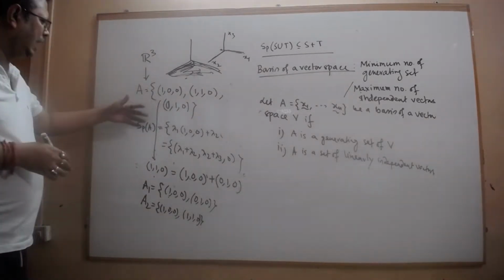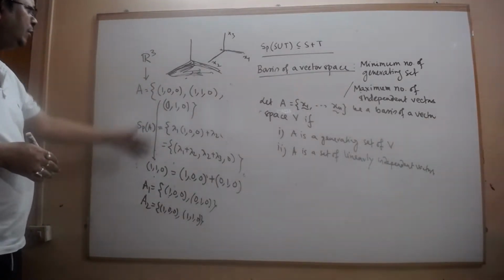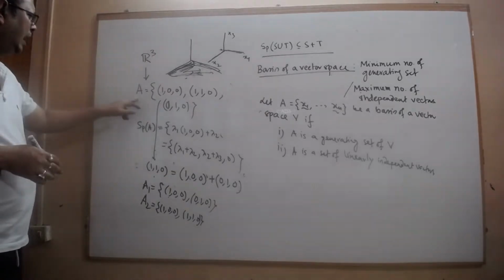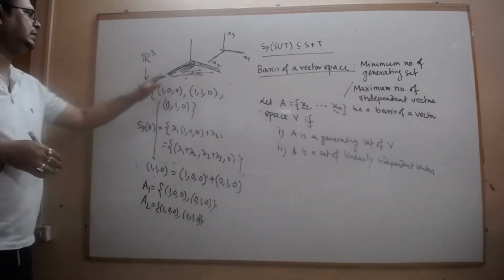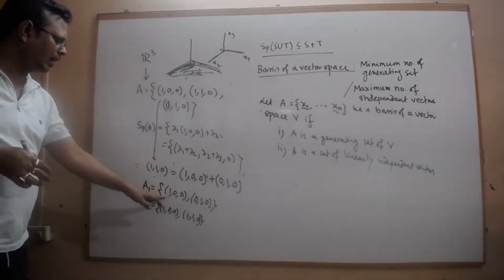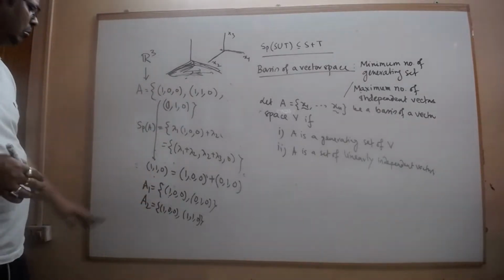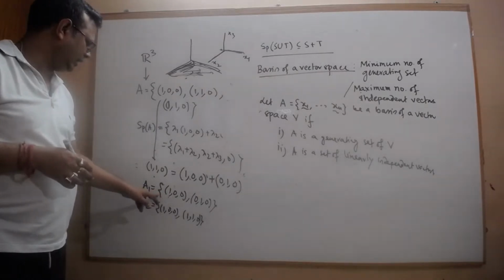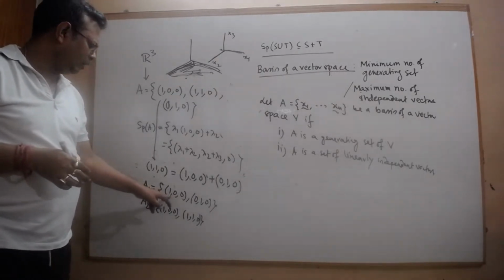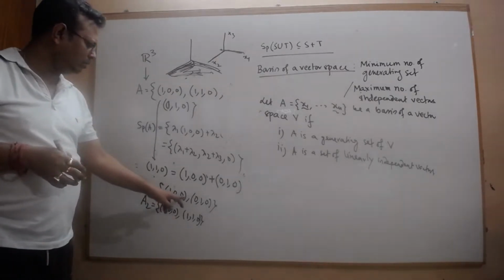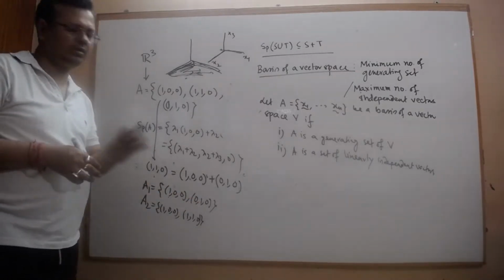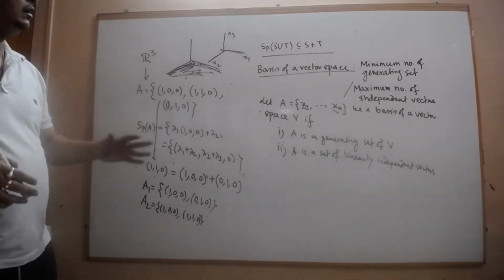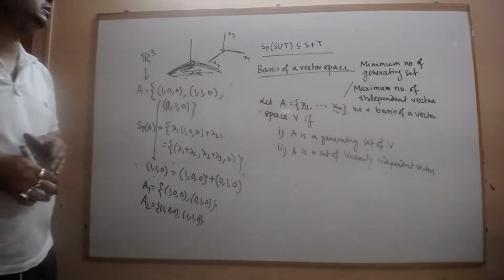Moreover, we observe that the basis of a vector space is not unique. If you look at A1 and A2, both are independent, both generate the same vector space, but the vectors are not the same, because set A1 contains 1 0 0, 0 1 0, and A2 contains 1 0 0, 1 1 0. So the basis of a vector space is not unique.